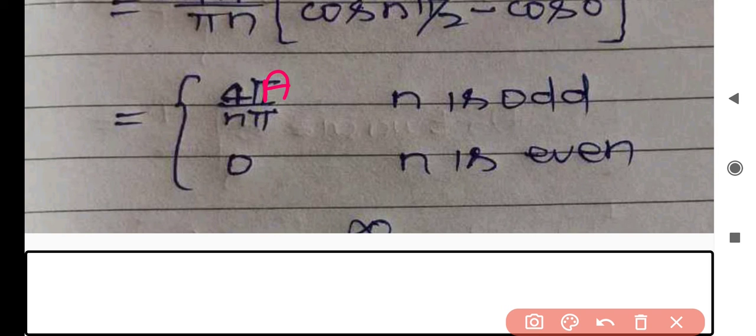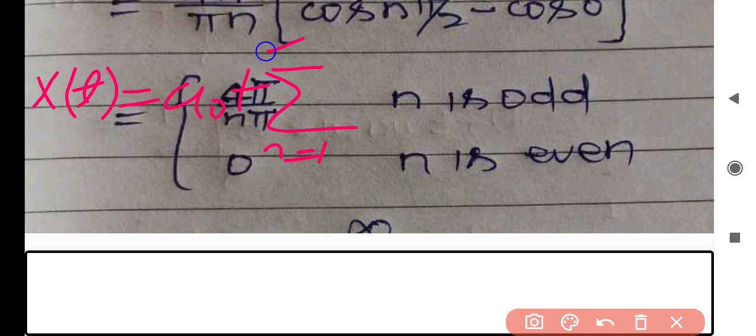So to write in the form of Fourier series, we will write it as x(t) is equal to a naught plus sigma n from 1 to infinity, an cos n omega t plus bn sin n omega t.